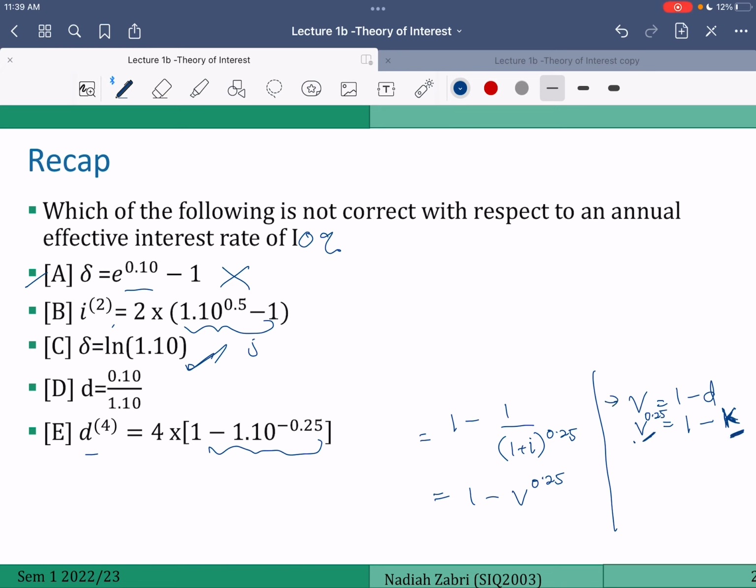This period is 1 year, so that's why the d is also 1 year. But now our K is quarterly, so our discount factor also should be quarterly. Once we know this relationship, 1 minus v to the power of 0.25 equals K. So this whole thing is actually K, and what we got is 4 times K is d upper 4. Is it right? Yes. So all is correct except for this.